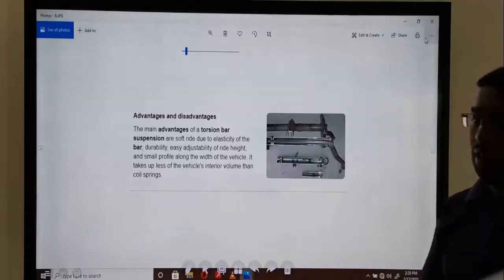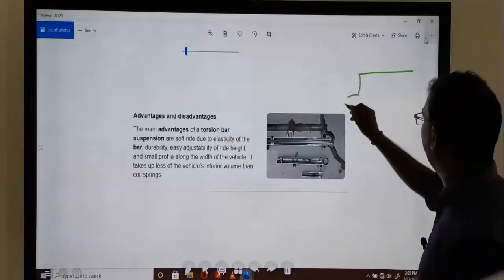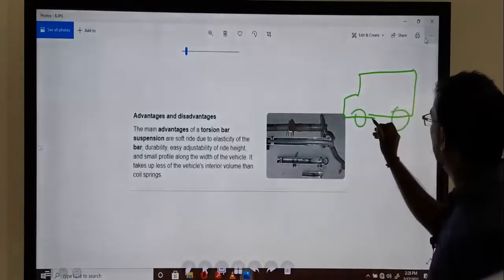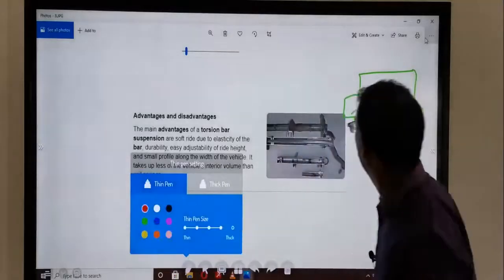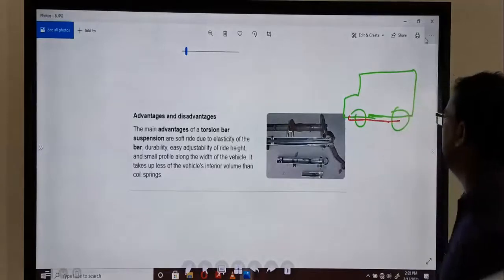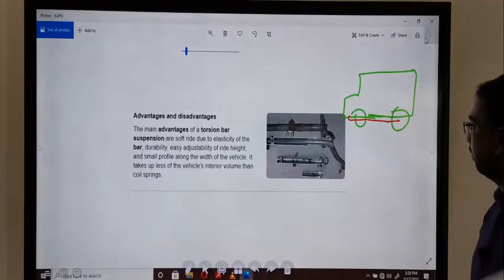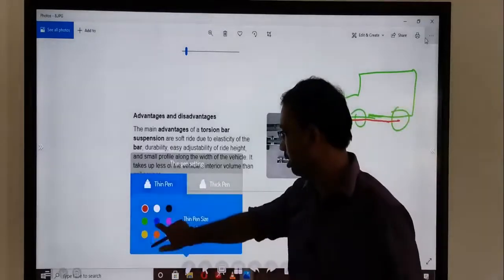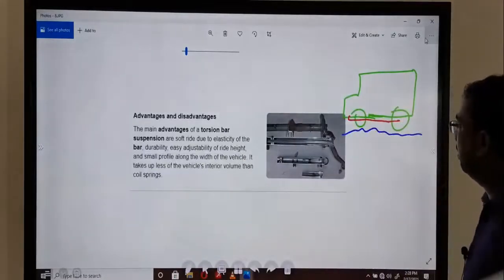Durability: you can see when the vehicle is rolling, in the side view of the vehicle, like this, this torsion bar. When the vehicle is running over bumps or in running conditions, what will happen?